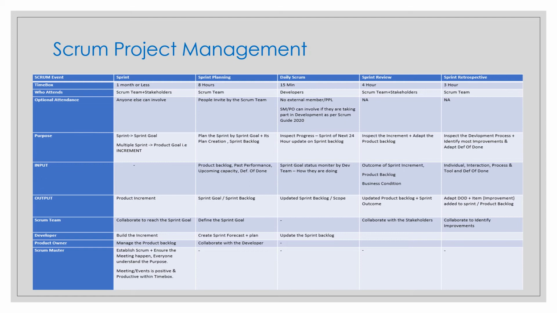This means the product owner can delegate some tasks to the developers, but he or she is accountable for the outcome. There is no term like proxy product owner in the Scrum Guide. So he can definitely delegate some tasks, but he is accountable for the outcome.